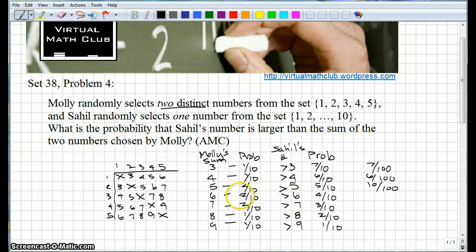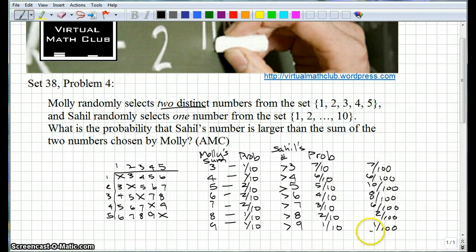The probability that Molly's sum is 6 and Sahil's number is greater than 6 would be 8 out of 100. Then there's 6 out of 100, 2 out of 100, and 1 out of 100. These are the combined probabilities of these two events occurring: that Molly's sum is this and Sahil's number is greater than that. These are all the possible outcomes.